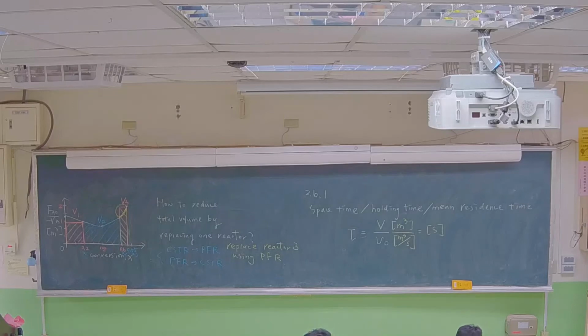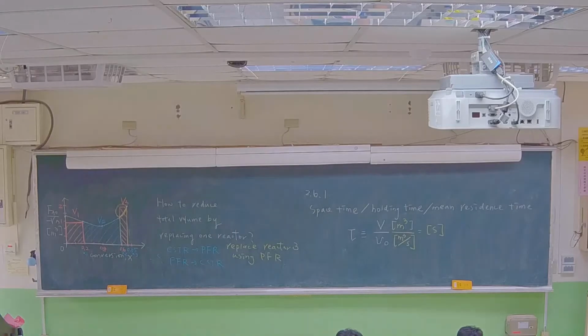The other meaning, the time for the reactant to enter or exit the reactor completely. But I think these two descriptions are very similar. So by using the space-time, you can estimate how long the process will take. You will know how long you should wait to finish this process.